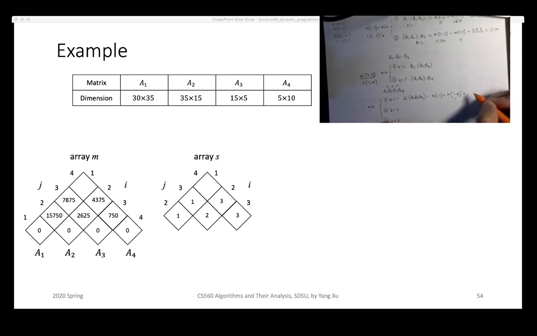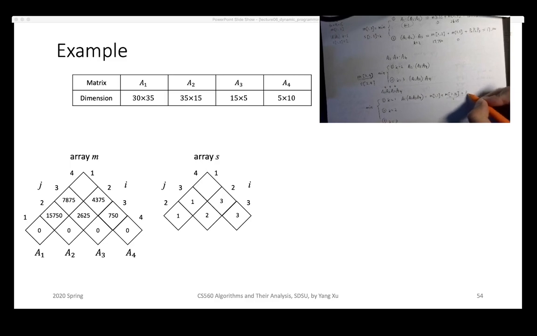And plus the additional cost of P0 times P1 times P4. And for K equals 2, it is actually A1 times A2 in brackets times A3 and A4 with brackets.